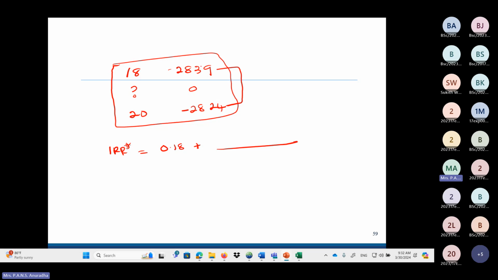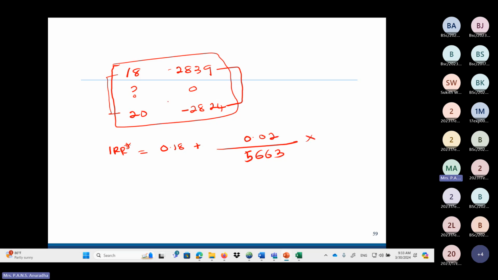So the difference between the largest and the lowest means how much? 2,839 minus minus 2,824, so the minus will become positive. The difference is 5,663.